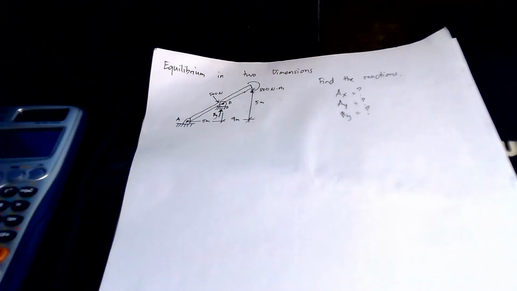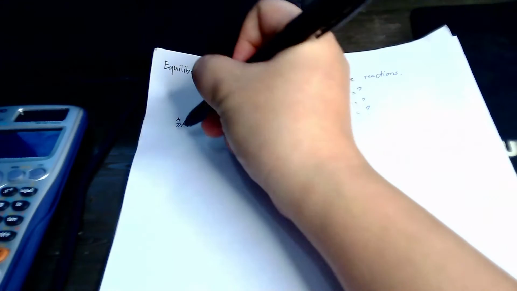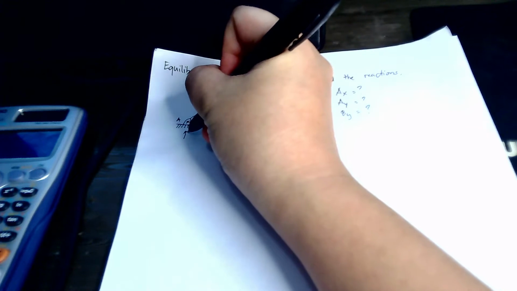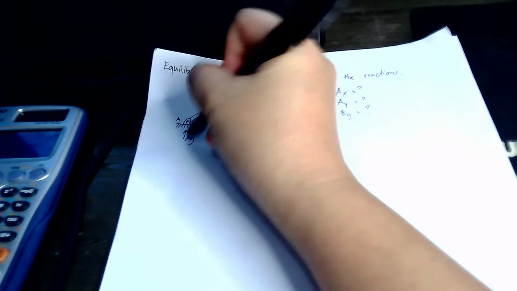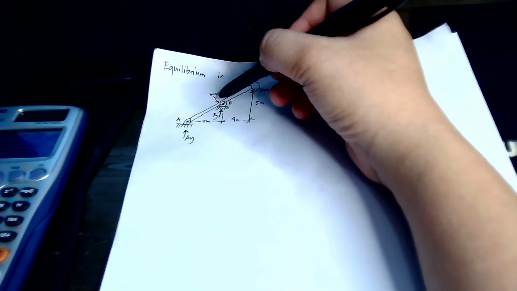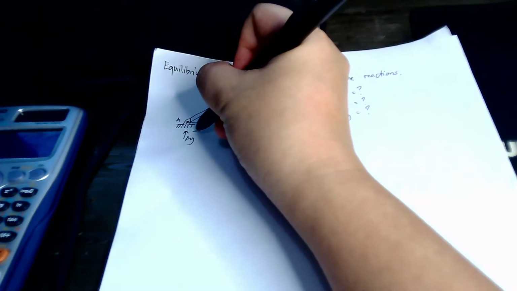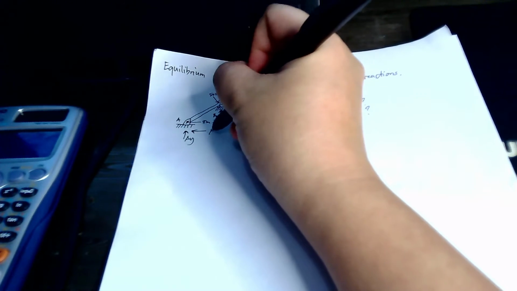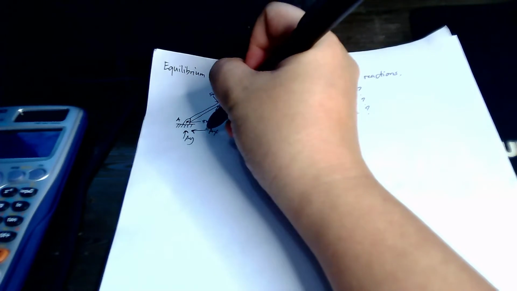So you have your AY here, and AX should be going to the right.